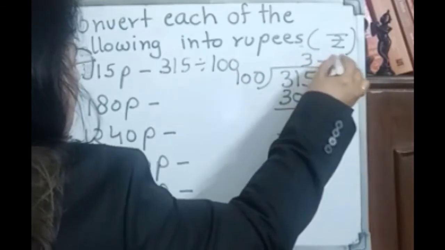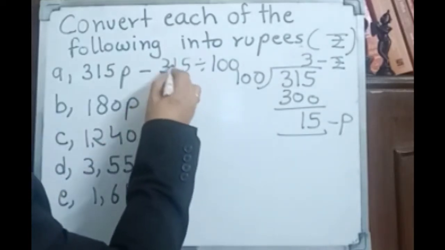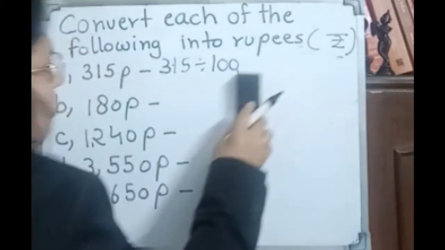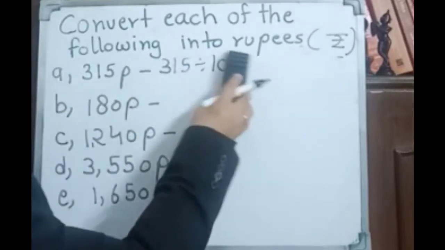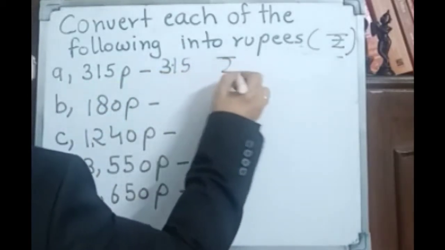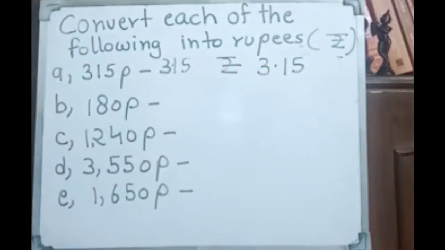This is paisa, this is rupees. But again we have a magical trick. What is that? We have to put the dot after the last two digits. So the last two digits are paisa and the rest are rupees. So just put a dot and put the rupee symbol, rupees 3 like that.